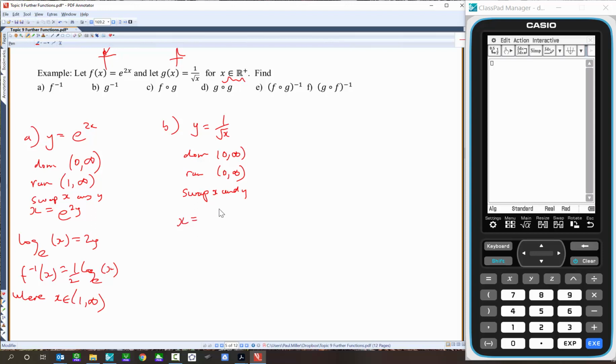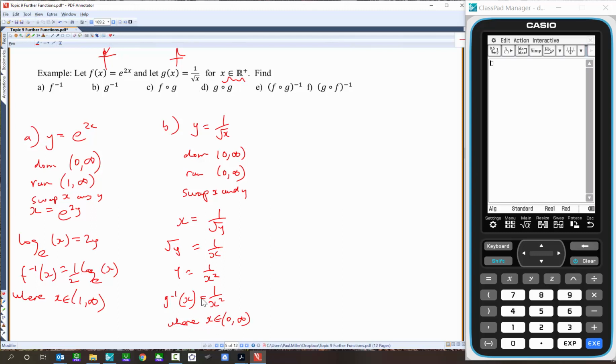So x is equal to 1 over root y. Let's interchange them. Root y equals 1 over x. y equals 1 over x squared. So g negative 1 x equals 1 over x squared, where x is an element of 0 to infinity.